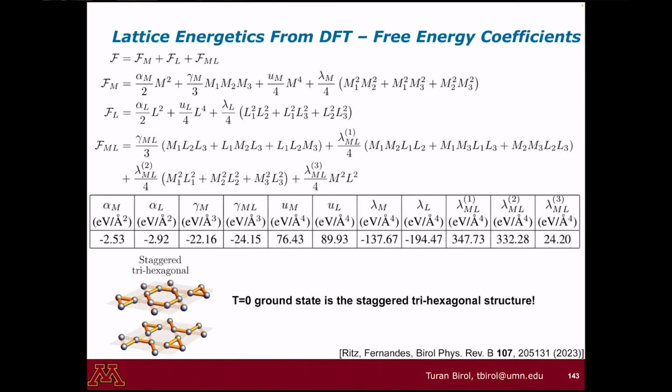I don't think there is a very simple way to get the finite temperature effects in DFT. One thing we did in this study, which I don't have on my slides now, was to consider the simplest approach: taking the second order coefficients, alpha m and alpha l, to scale linearly with temperature.